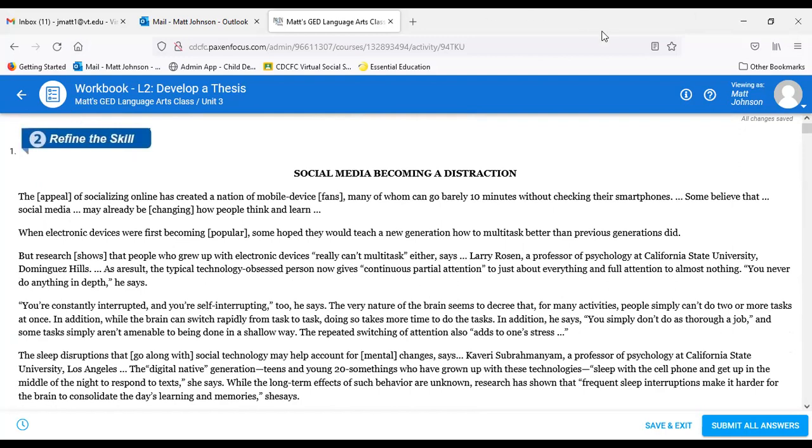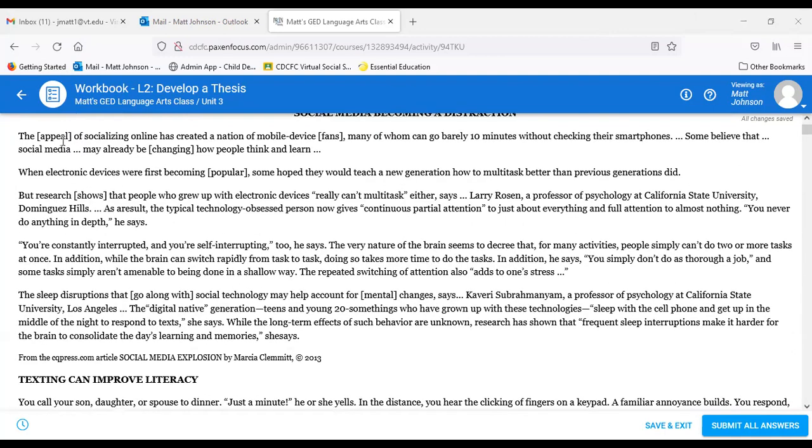Social technology may help account for mental change. Well, she uses one right at the top, well, not the very top.